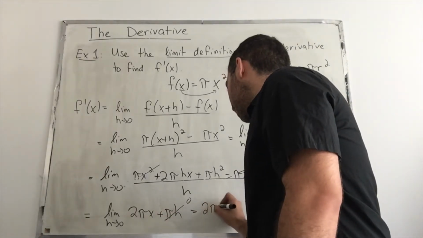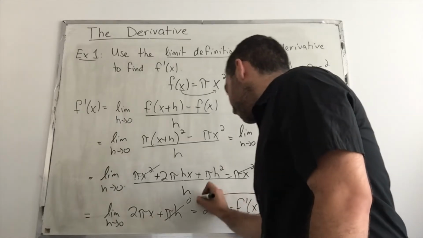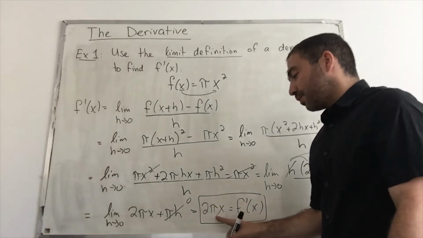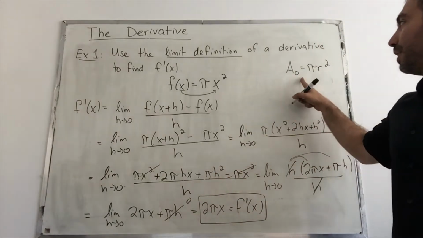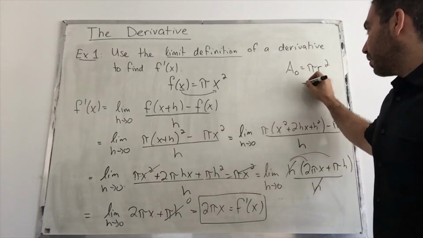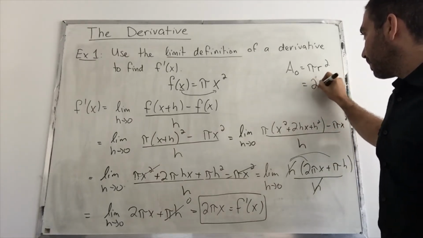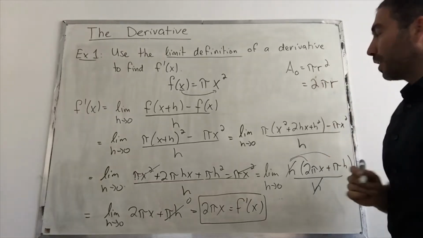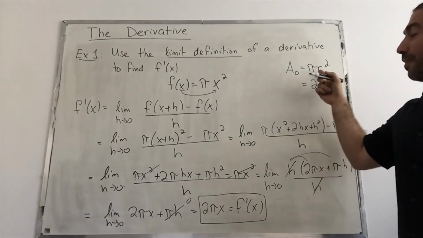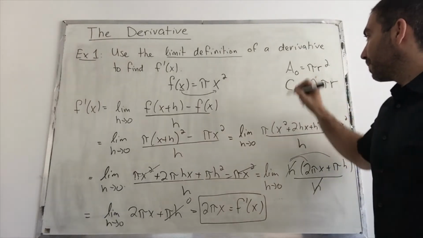And this is interesting because this is our derivative, this is our answer. If we replace the x with the r we initially had for the area of a circle, what we get here is 2 pi r. And this should ring a bell. The derivative of the area of the circle ends up being the circumference of our circle.